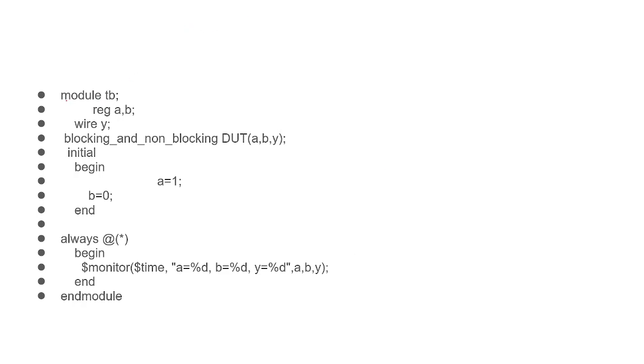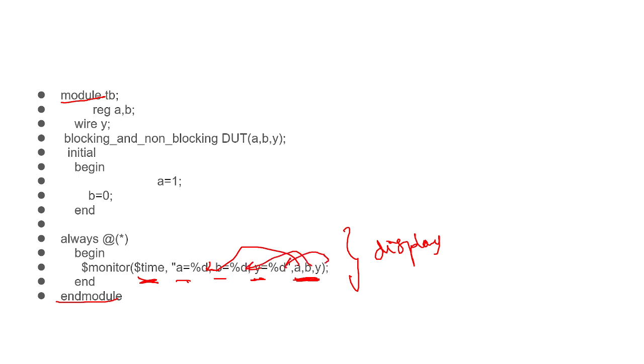So any module definition will start with module and end module. This one is used to display. So I am displaying the time and then A value, B value and the output values. I want A here, B here and then Y here, and then I am initializing these values.